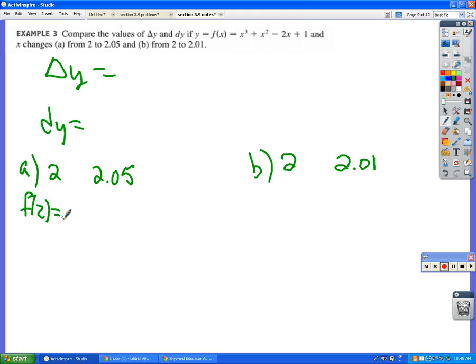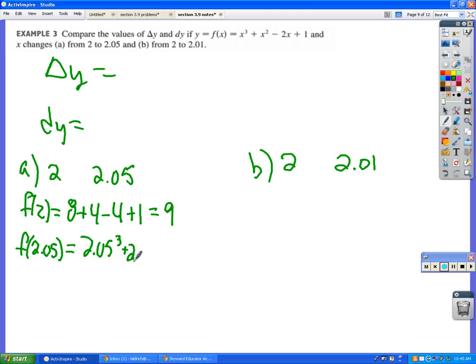So f of 2 is 8 plus 4 minus 4 plus 1, which is 9. And then calculator me please, somebody. F of 2.05 is going to be 2.05 cubed plus 2.05 squared minus 2 times 2.05 plus 1, which would be what? 9.717.